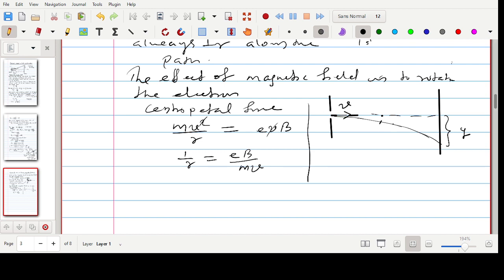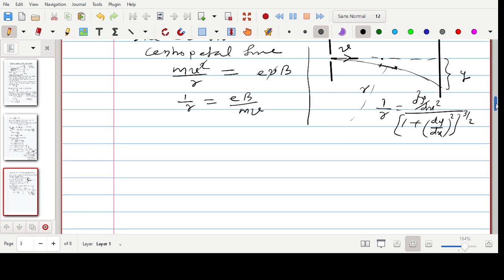When I take a path somewhere here, the radius of curvature of this path is given by 1 by r equal to d squared y by dx squared divided by (1 plus (dy by dx) squared) raised to 3 by 2. This is the expression for the radius of curvature.